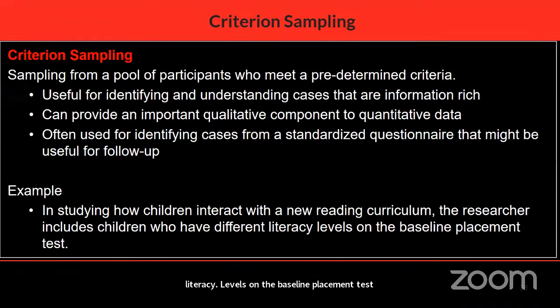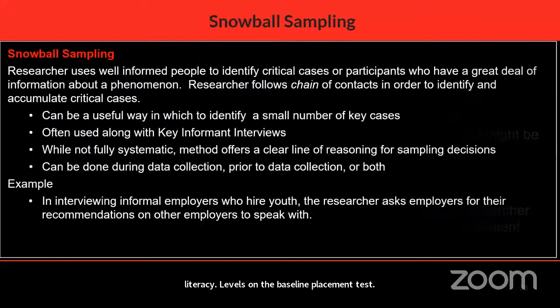With this comes snowball. With snowball sampling, the researcher uses well-informed people to identify critical cases or participants who have a great deal of information about a phenomenon. The researcher follows a chain of contacts in order to identify and accumulate critical cases.